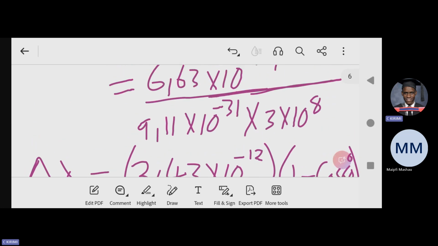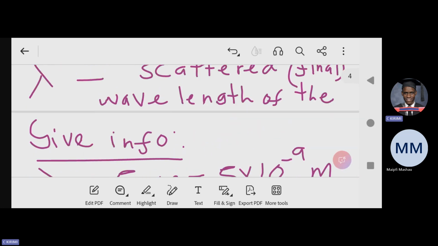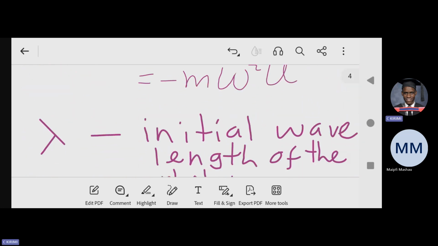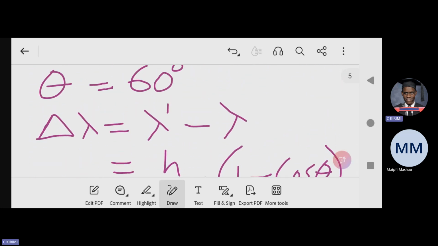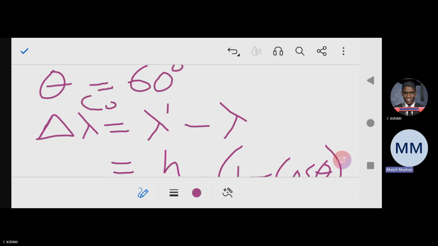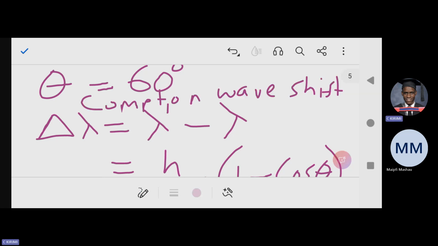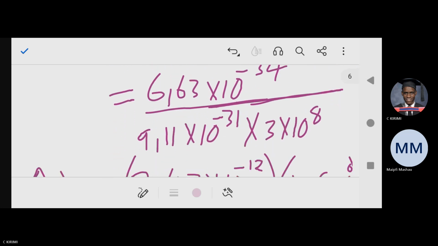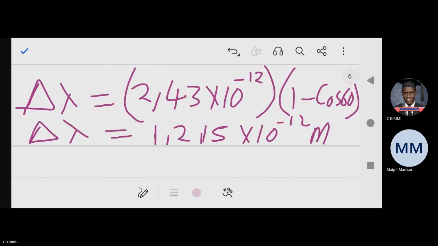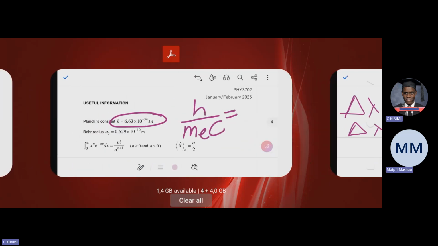So why is it the Compton wave shift? Because they've used the Compton formula. By using this Compton formula, we are calculating the Compton wave shift, given the wavelength and also the angle theta.